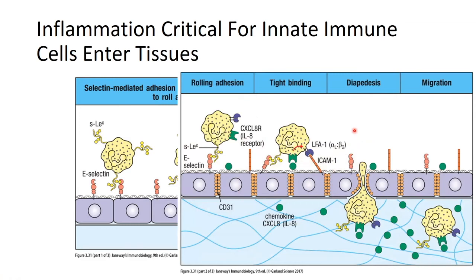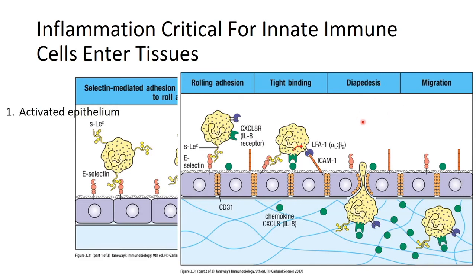The ICAM1 binding is much tighter compared with the E-selectin interaction. So now with this tight binding to ICAM1, the cell is able to crawl in between the cells of the endothelium and enter the tissue, where in turn it migrates in the direction of chemokines secreted by the immune cells already present there.